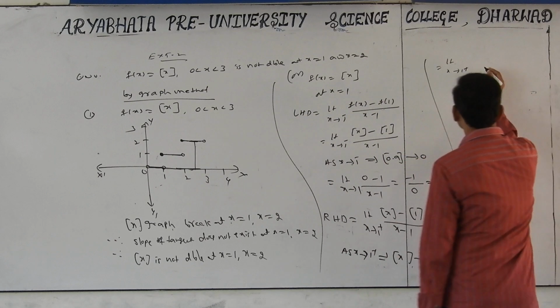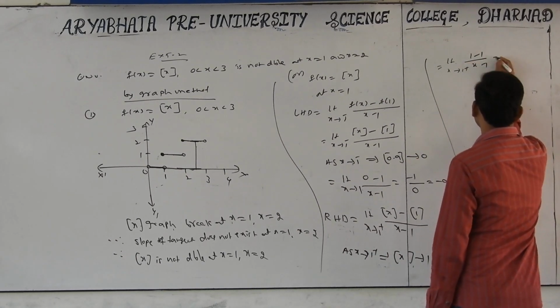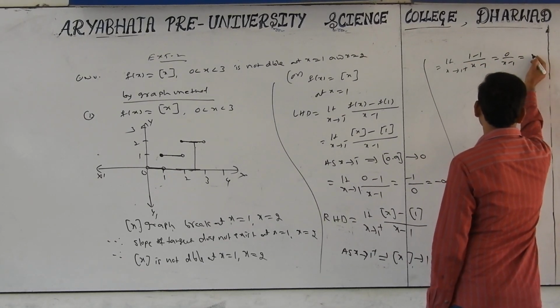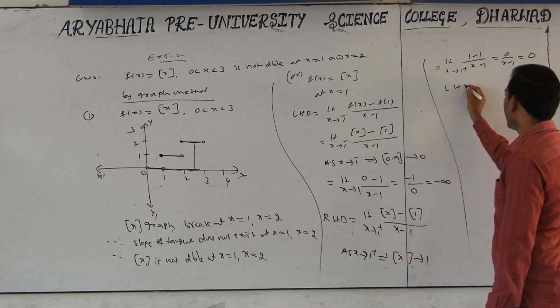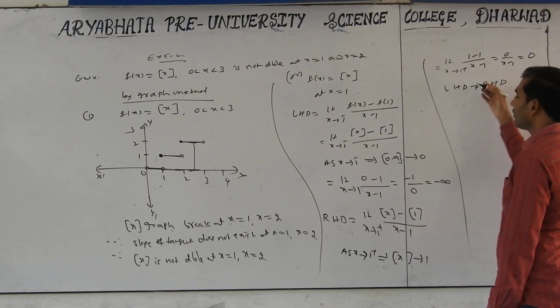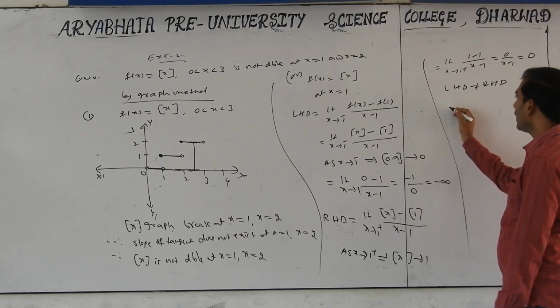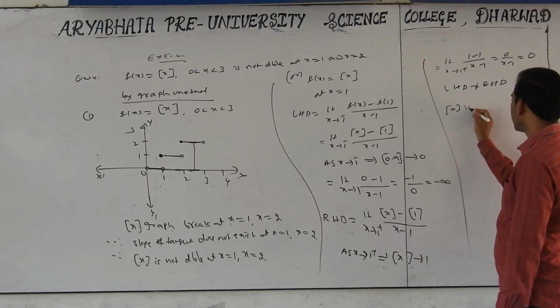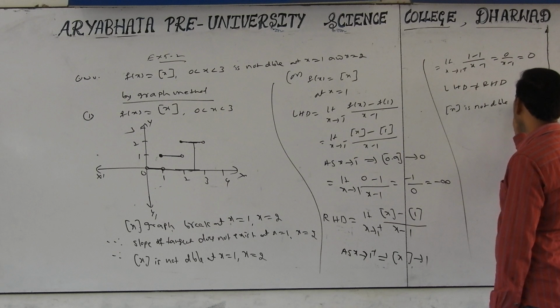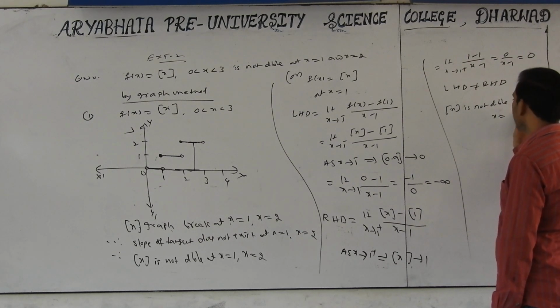So 1 minus 1 by x minus 1, 0 by x minus 1 is 0. So the left derivative is not equal to the right derivative. Therefore, step x is not differentiable at x equal to 1.